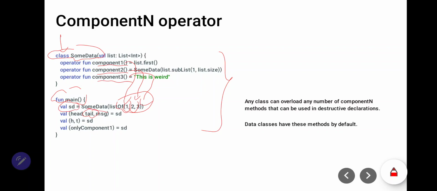Any class can overload any number of component methods that can be used in destructuring declaration. Data classes have this method by default, but because we just use class, we have to write component 1, 2, and 3 for destructuring.